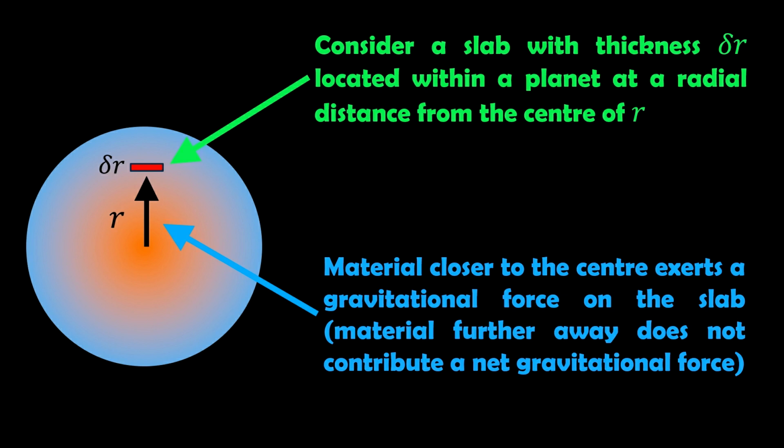The material further away, we're going to assume, does not contribute a net gravitational force on it. So it's only the material inside that radius of where the slab is that is going to contribute to a net gravitational force.